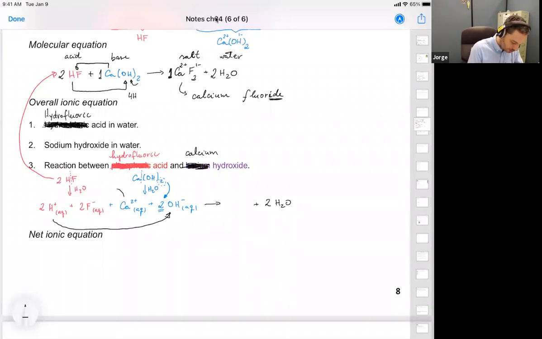And in exchange, calcium is going to attract fluoride, forming a salt. We know the identity of the salt from the molecular equation. We know that this is CaF2. Now, because we have an ionic equation, we have to decide, is CaF2 in water Ca2 plus and F minus, or is it 1 unit CaF2?